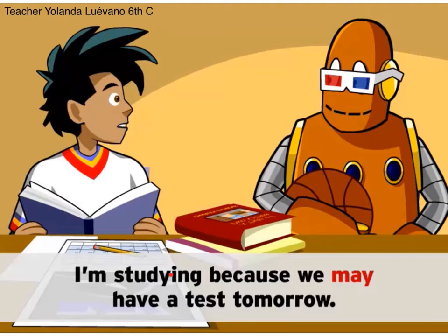It says, I'm studying because we may have a test tomorrow. This means that Ben over here doesn't quite know whether he's having a test or not, but he's preparing just in case. So this sentence could also be said as, I'm studying because we might have a test tomorrow.